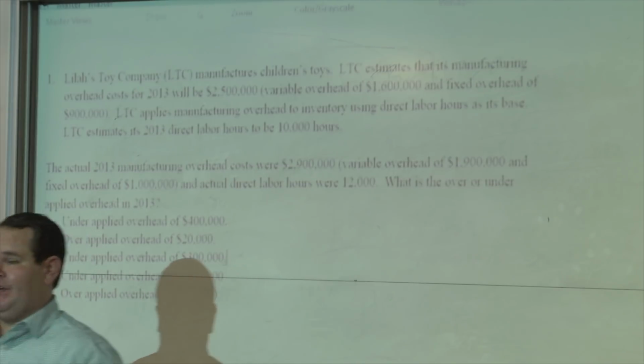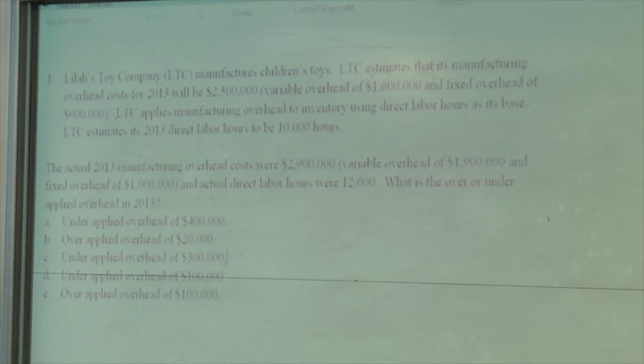It says $2.5 million, variable overhead of $1.6 million, fixed overhead of $900,000. LTC applies manufacturing overhead to inventory using direct labor hours as its base. So direct labor hours is going to be the important thing here. That's going to be our basis for how we apply the overhead. And they estimate that there's going to be 10,000 hours of direct labor.